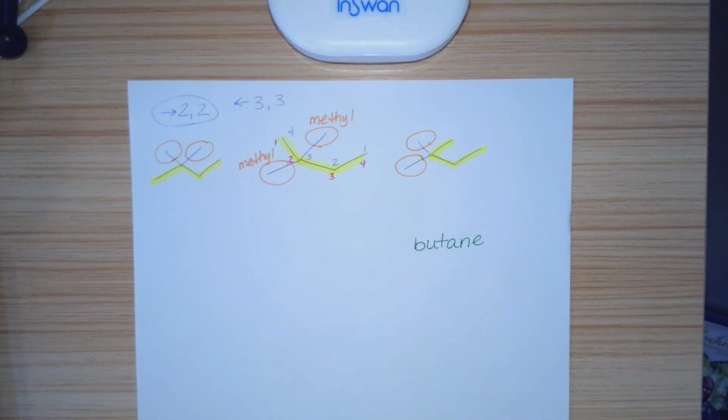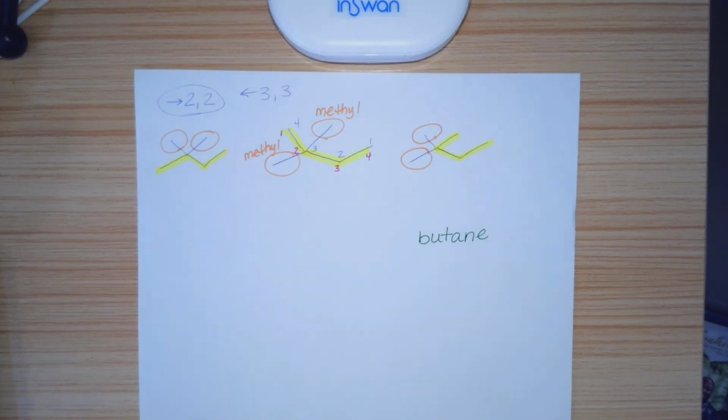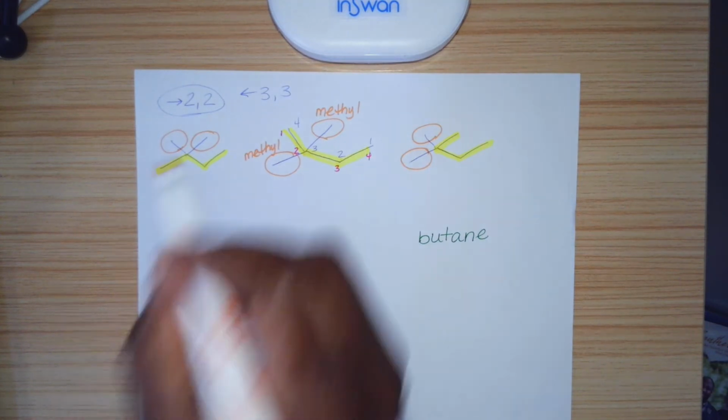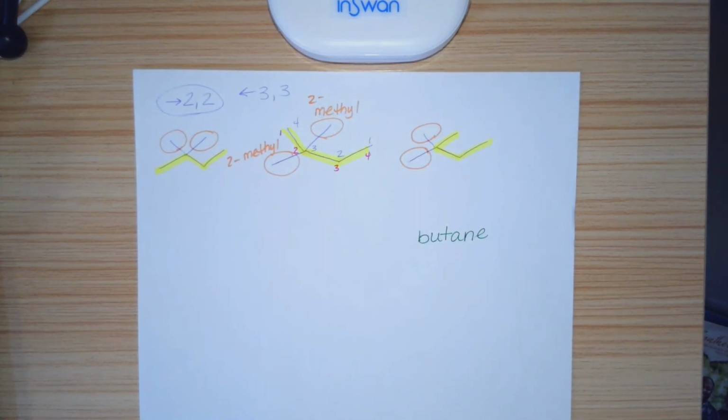Now even though both substituents are on the same carbon, they're both on carbon 2, we have to indicate that. So we can't just say 2, we have to indicate where they are both located. So that's where the 2, 2 and the 3, 3 came from. So what that means is that this methyl is on carbon 2, this methyl is on carbon 2.